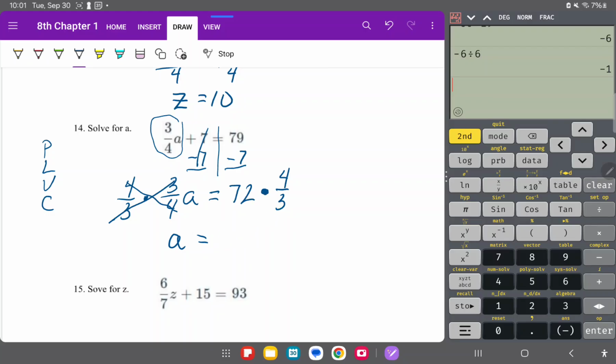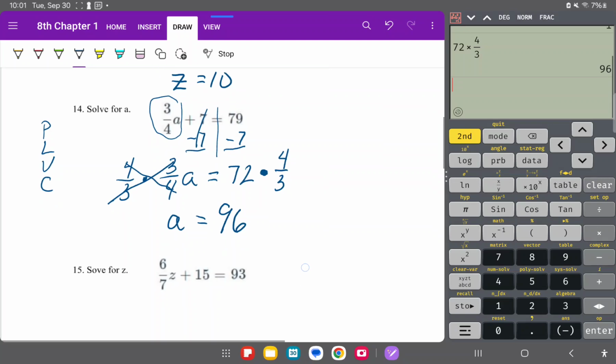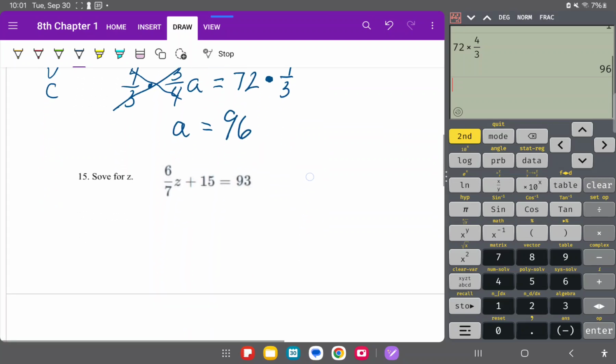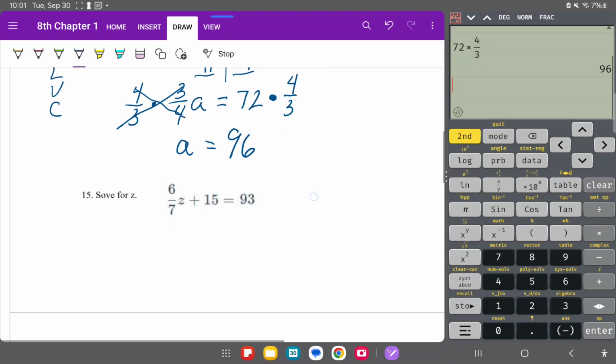So then I'm going to go 72 times, then use a fraction button, 4 over 3. And then that's going to be 96. Okay? So please practice that so you'll know how to be familiar with that. So why don't you do number 15 and then pause the video, do number 15, and then come back and see how you did on that.